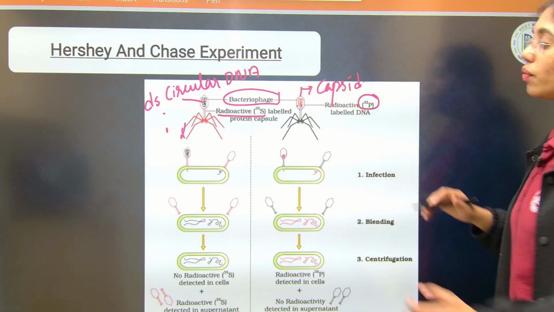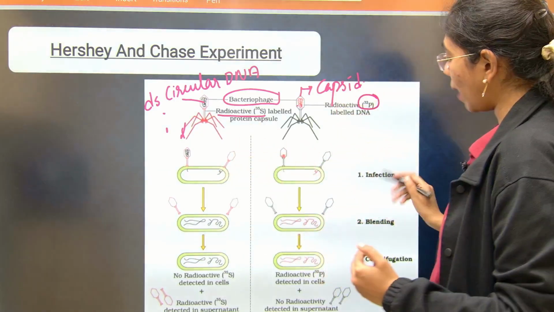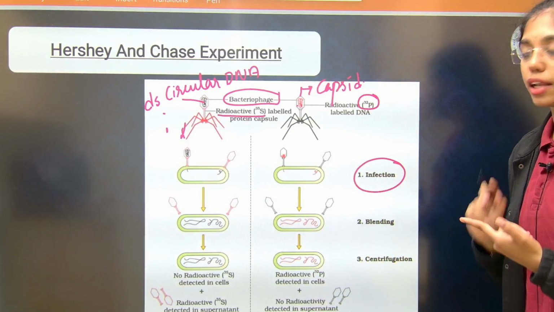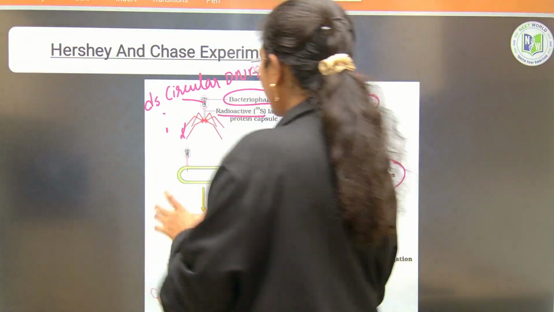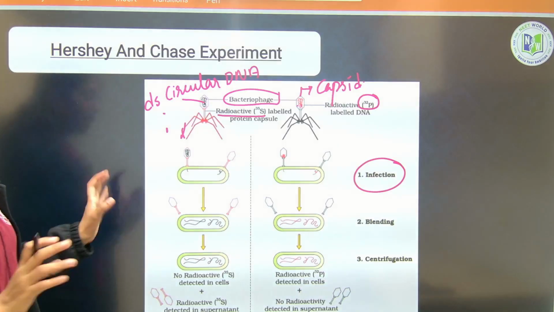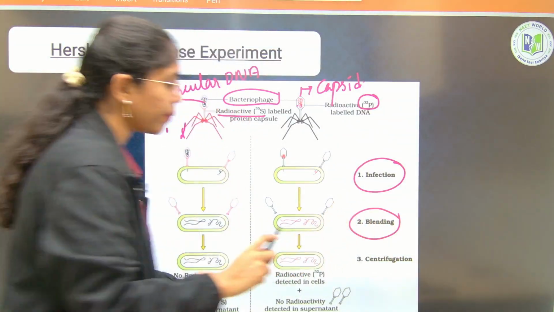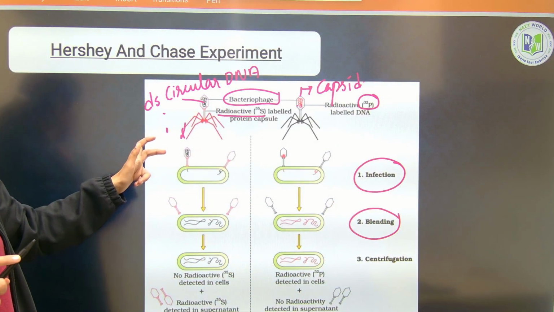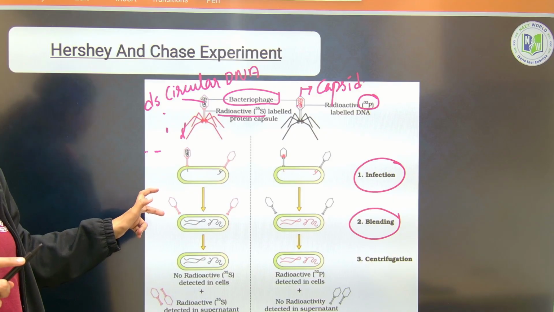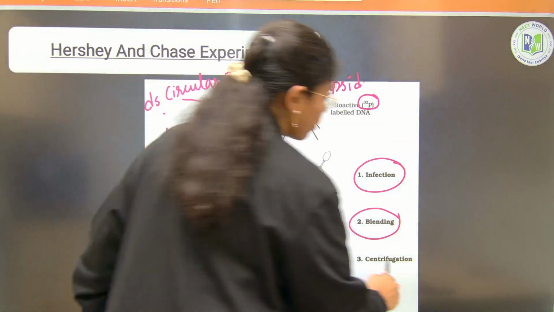Clear, right? So when this is injected into the bacteria, first it causes infection. The first stage is infection, next is blending, post which centrifugation.